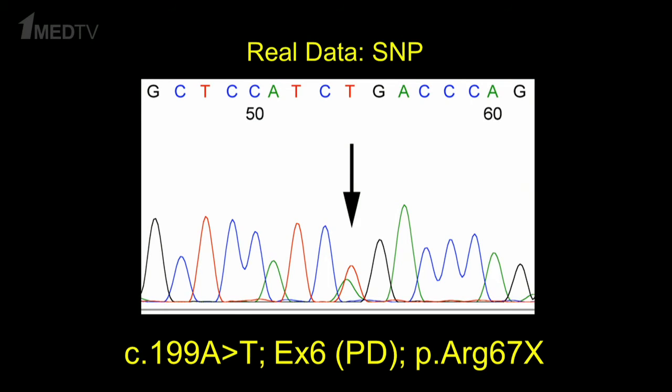This is what data looks like for our lab and many labs. And so here's the code from a person, so G, C, T, C, C. We can read out these peaks until we get to here.